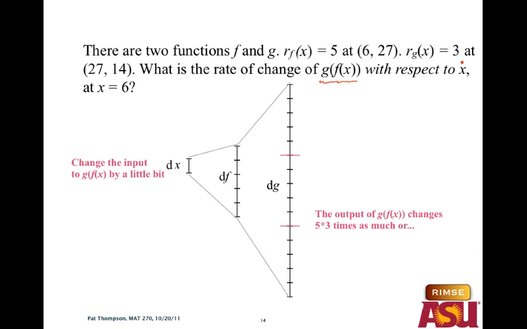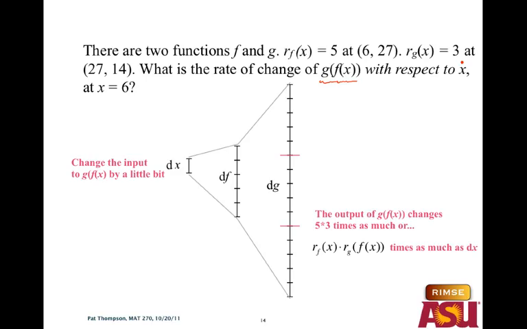Where did the 5 come from? That was the rate of change of f with respect to x. Where did the 3 come from? That was the rate of change of g with respect to f. So if x goes through this process, then in the rate of change, it's going to go through that dual process. First f is going to change, in this case by 5.